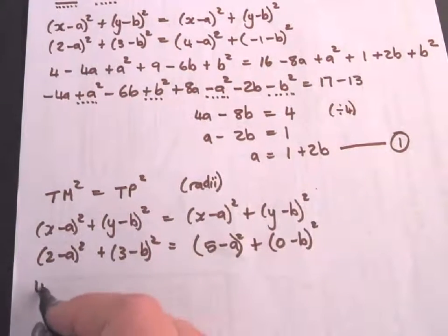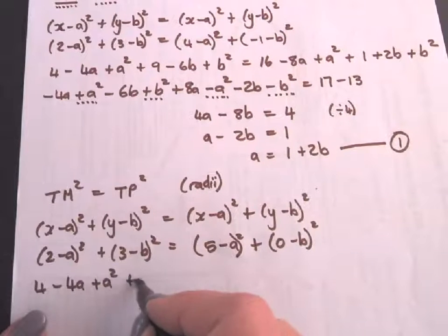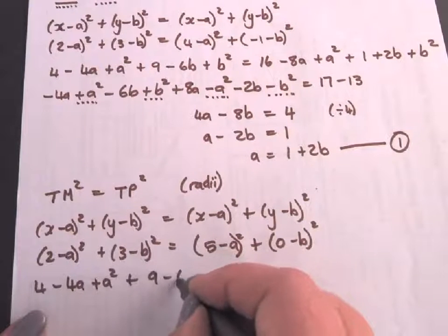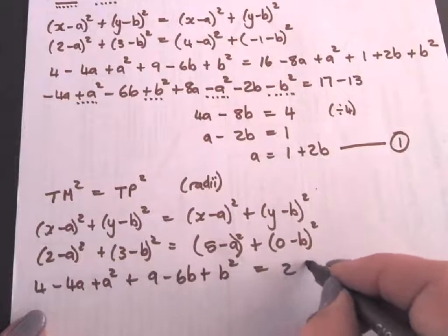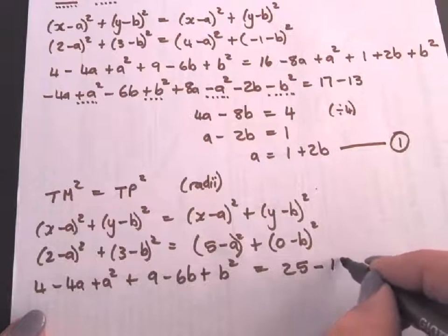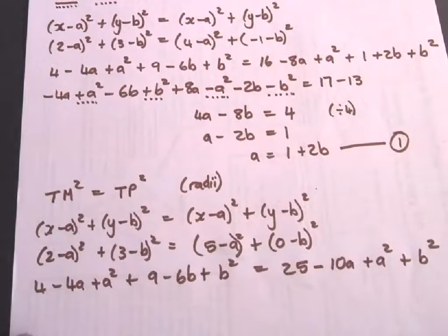This gives me 4 minus 4a plus a squared plus 9 minus 6b plus b squared equals 25 minus 10a plus a squared plus b squared.